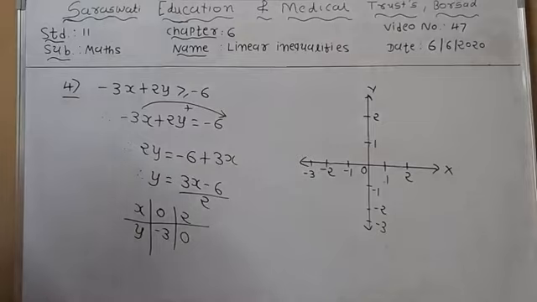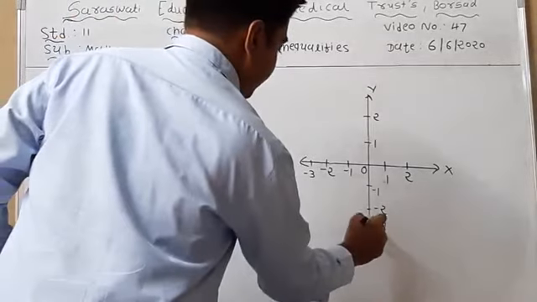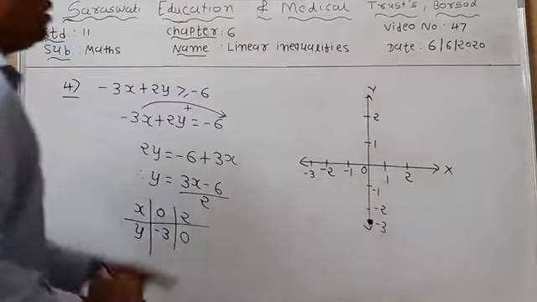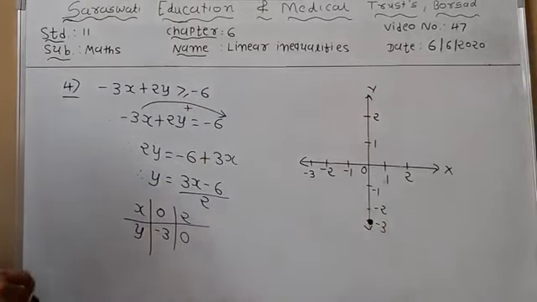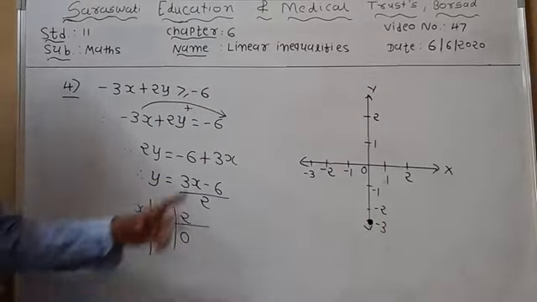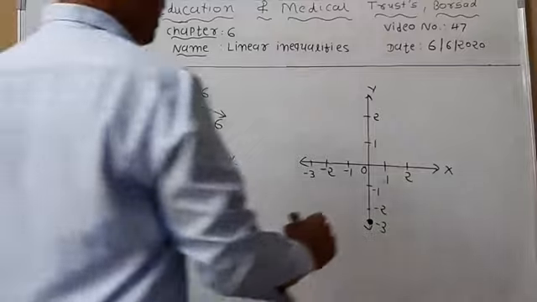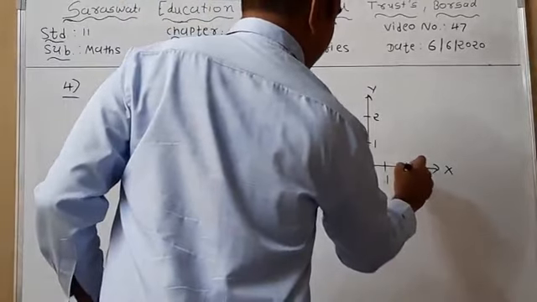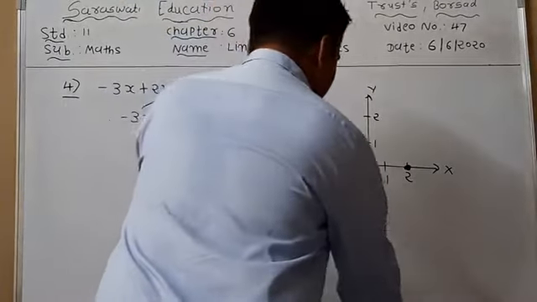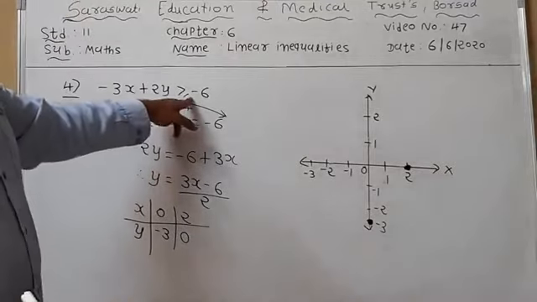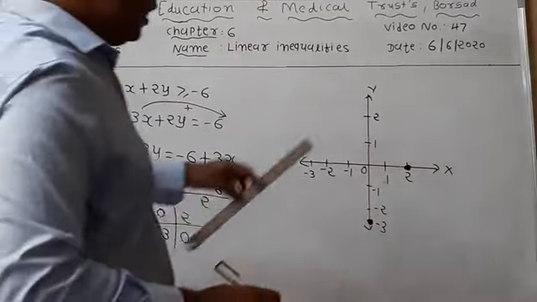So on the y axis minus 3 is present, with x coordinate 0. And the point 2, 0 is on the x axis, y coordinate 0. The greater than or equal to form is present, which means we draw a dark line.